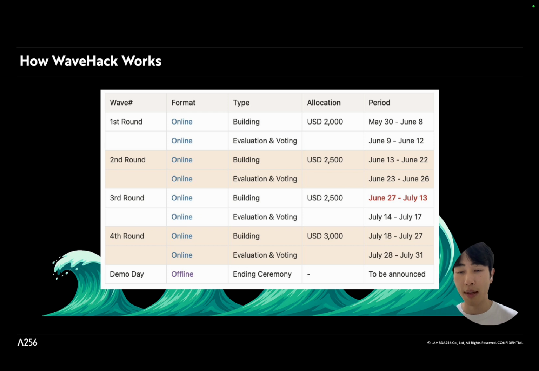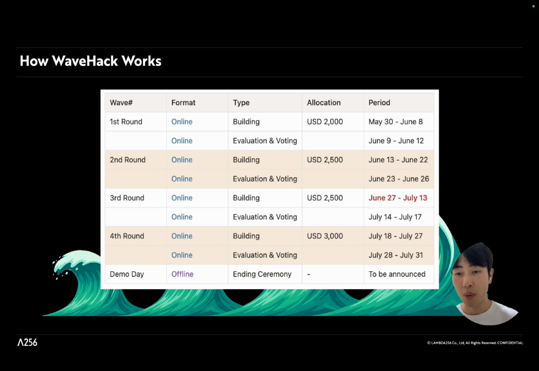Build something small and iterate, or go ambitious from the start. It's totally up to you. And by the way, Wave 3 has just started. So even if you missed the earlier rounds, it's a great time to jump in and join from here.